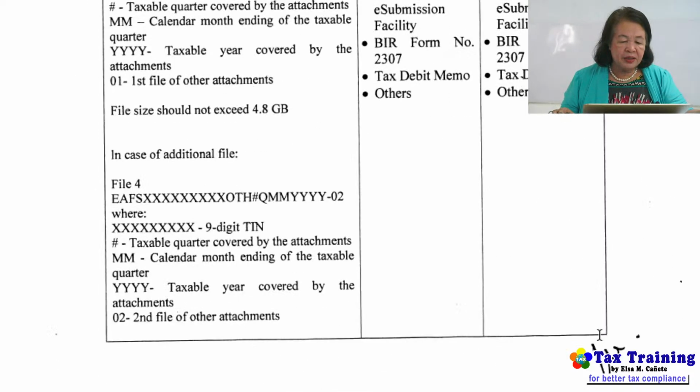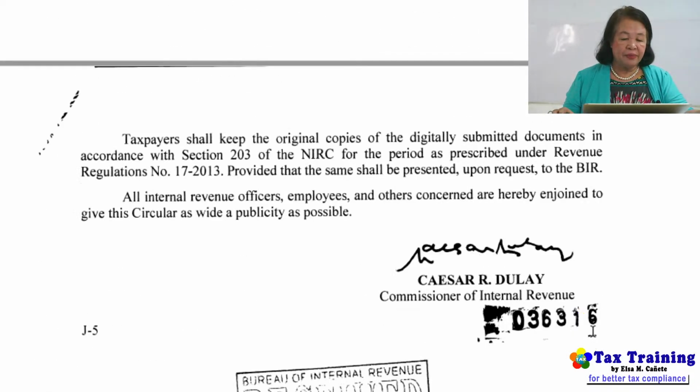So, the taxpayer shall keep the original copies of the digitally submitted documents in accordance with Section 203 of the NIRC for the period as prescribed. Ito na yung sinasabi ko sa inyo. Ilan na yung prescription number of years natin na you have to keep the records? Under Revenue Regulation 17-2013, you have to keep your records, your documents within 10 years, no? 10 years yan, yung regular lang yan na requirements.